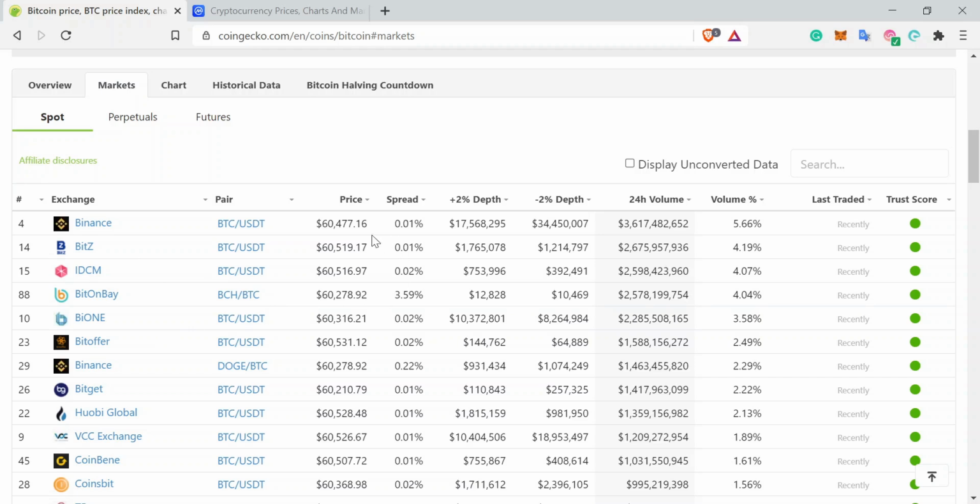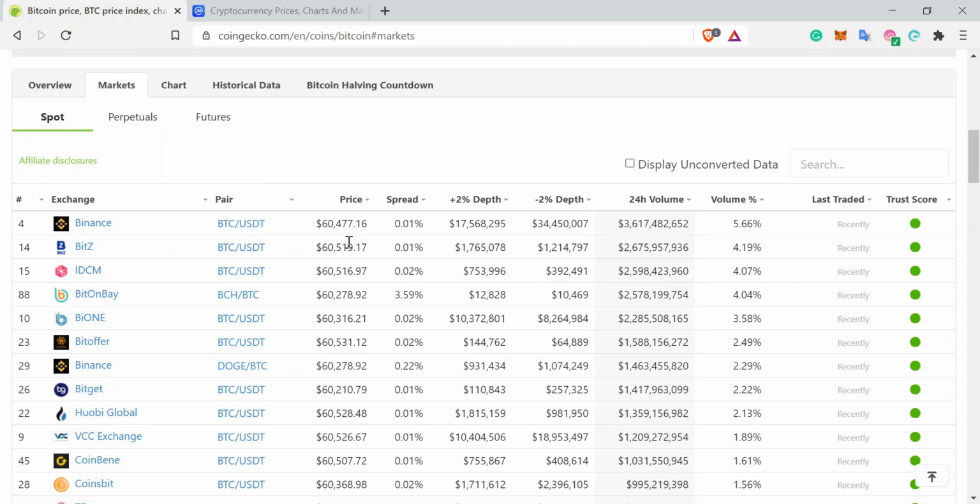Okay, so the price is listed here, and notice the price differs depending on which exchange you're using. Okay, there are arbitrage patterns that can take advantage of this, but they're an advanced topic. But you can, for example, buy Bitcoin on Binance and sell it on BitZ and actually take the difference between those two.